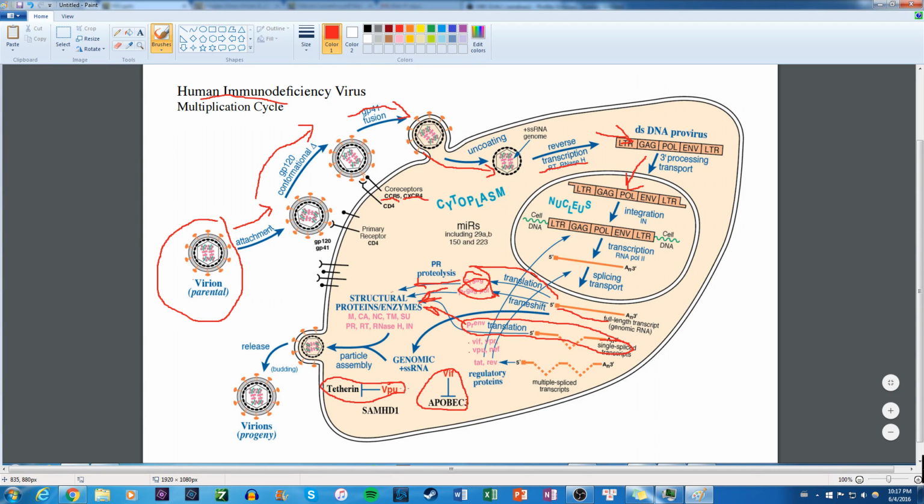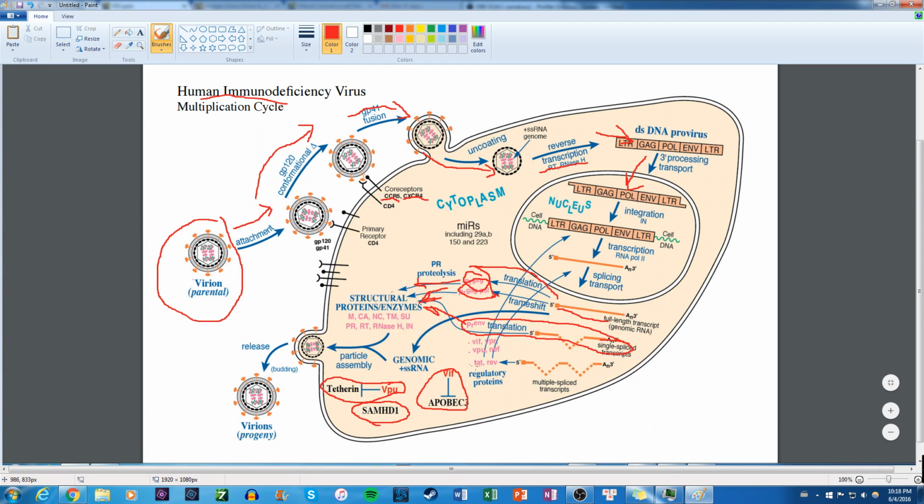By inhibiting tetherin, you no longer allow the cell to withhold the viral particles inside of it. I go into more detail about that in the lecture video that I made earlier today for HIV. SAMHD1 basically tricks the cell into thinking that everything is going fine and dandy, I believe.